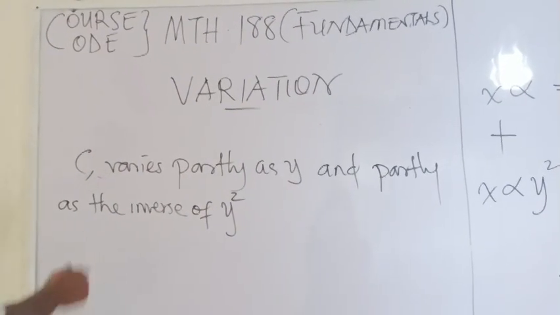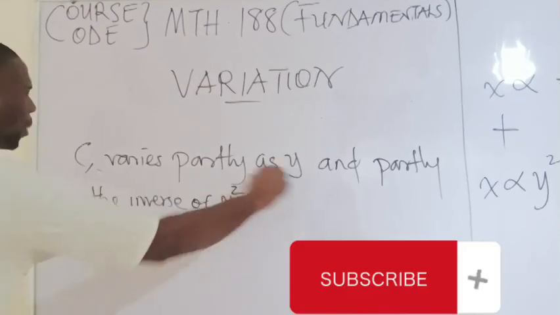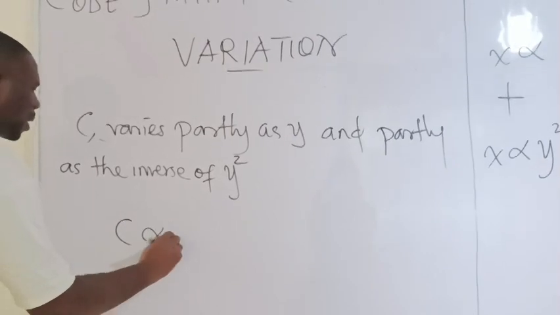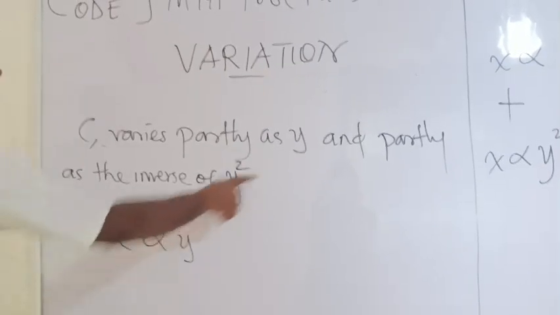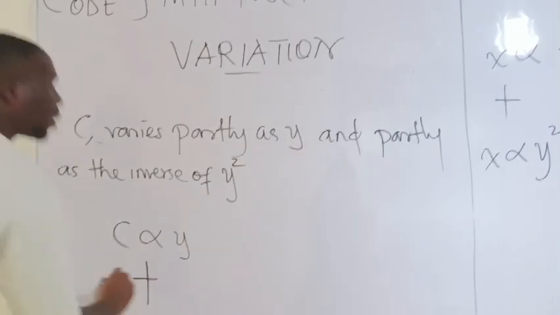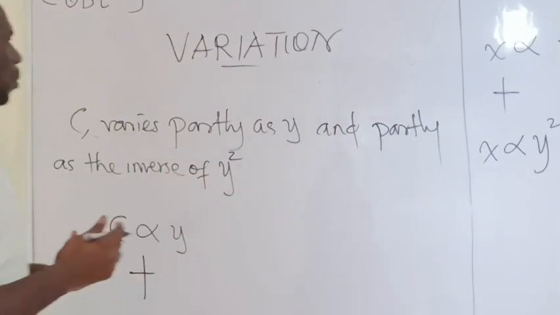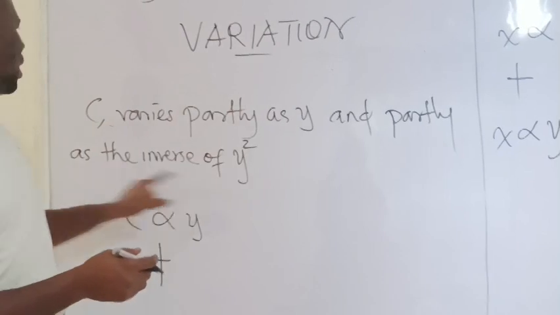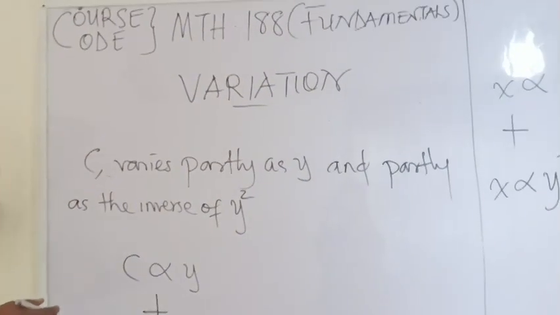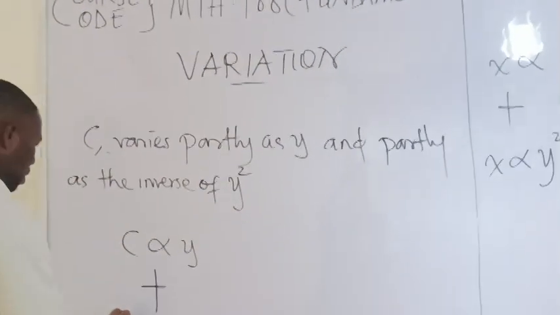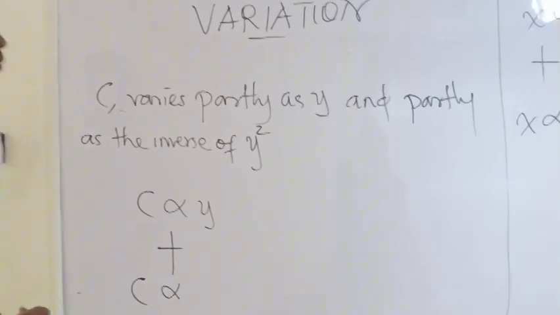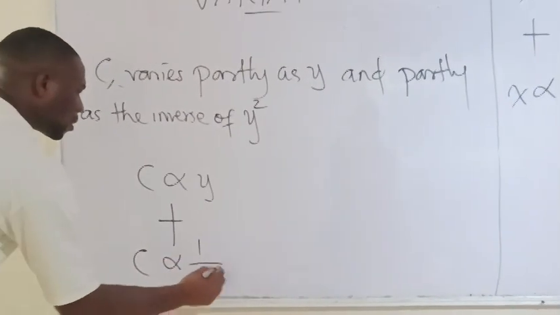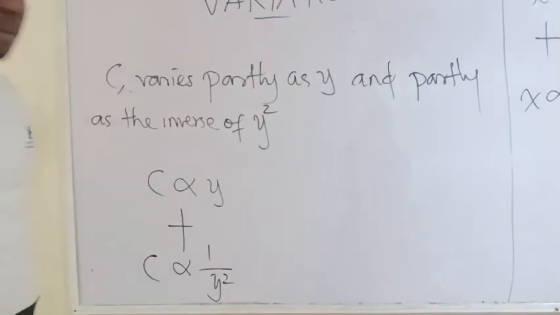So I could write this now as the first term here, c varies partly as y, and is a plus. Then the next statement is the same c varies partly as the inverse of the square of y.